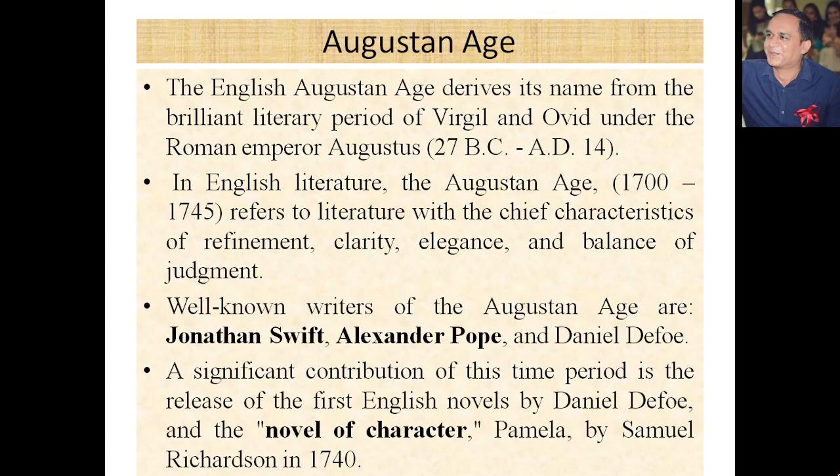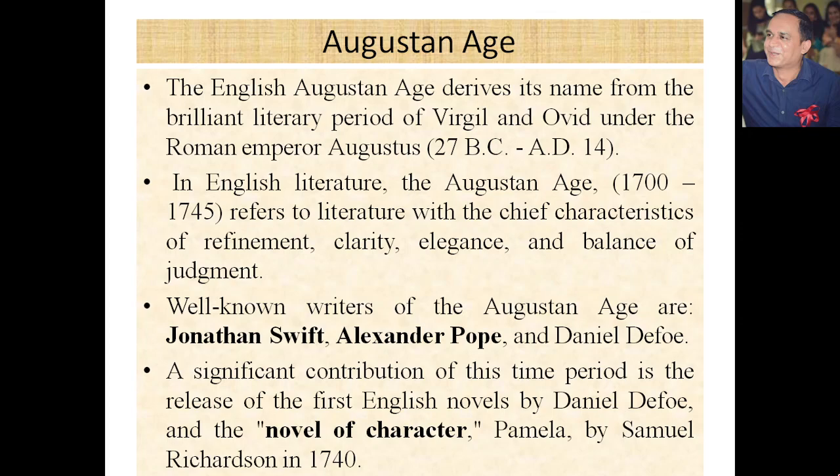So the reason is that the literary period of Virgil and Ovid was under the Roman Emperor Augustus. So this brilliant classical literary period of Rome draws a parallel with this age, because the Augustan writers were influenced by the great classical writers of that particular age.